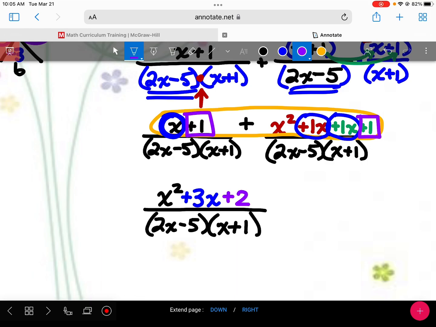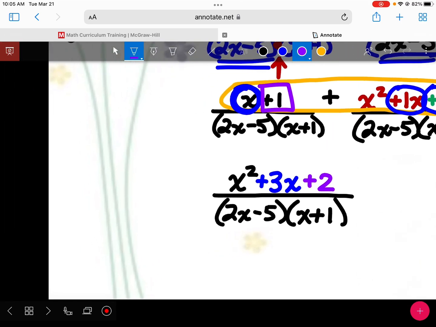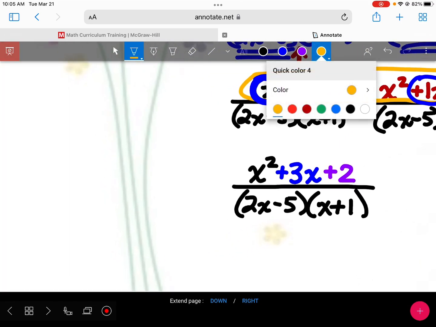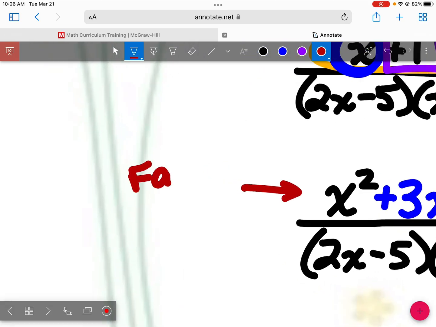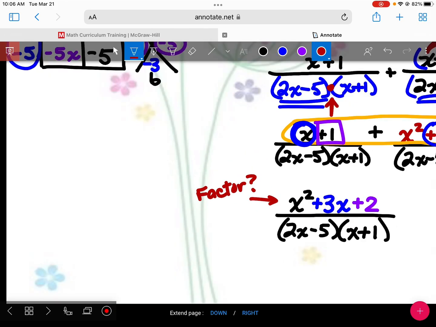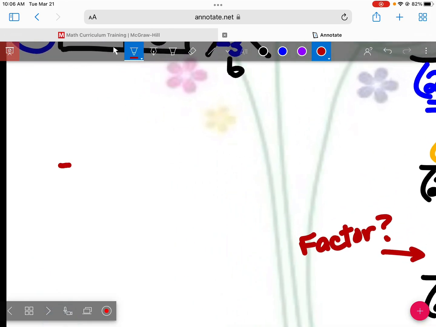Is this fully simplified? Let's see if we can factor that numerator. Does the numerator have a greatest common factor? Nope.